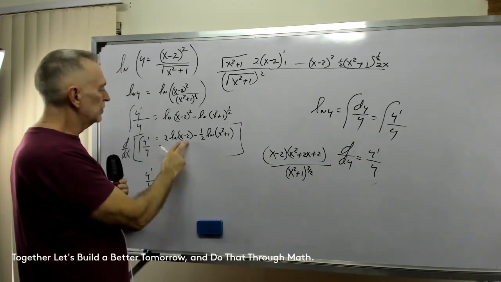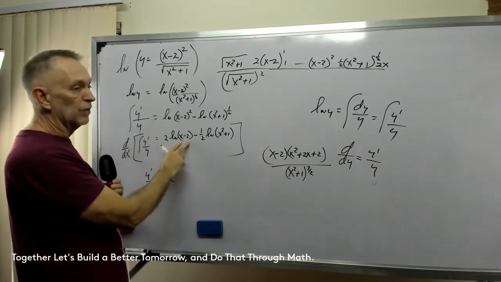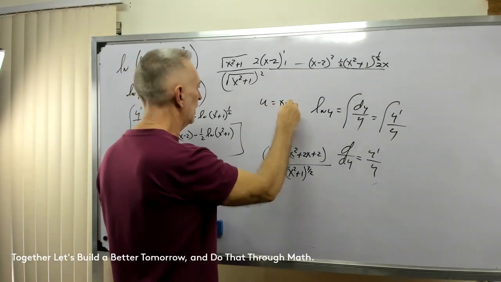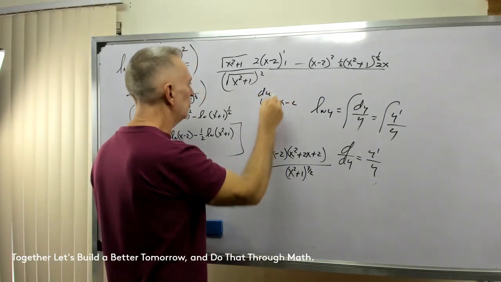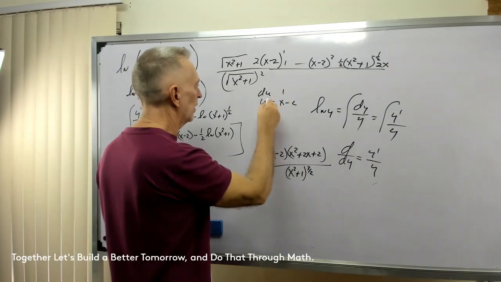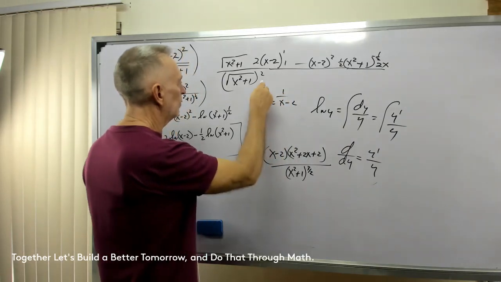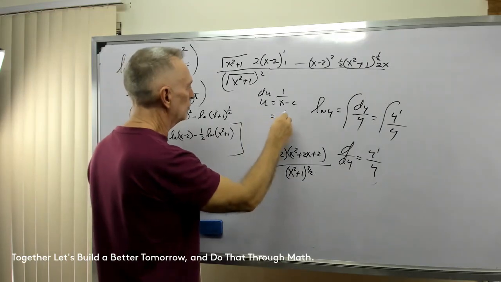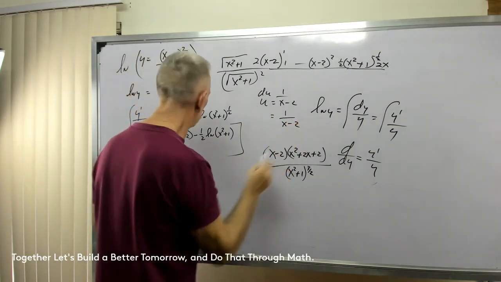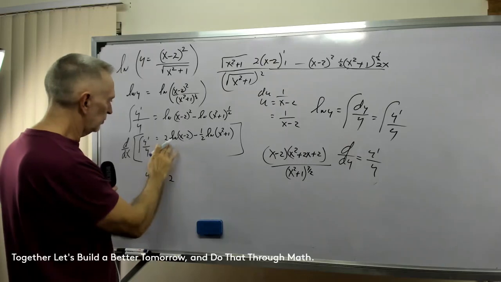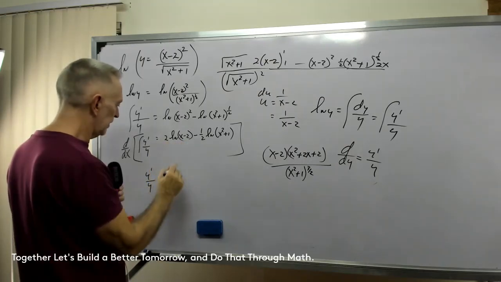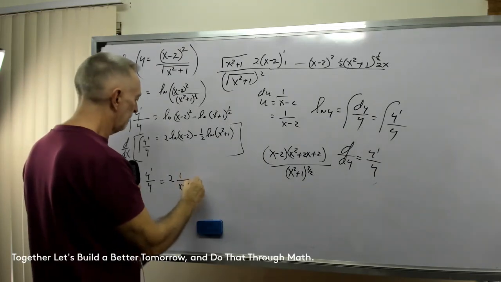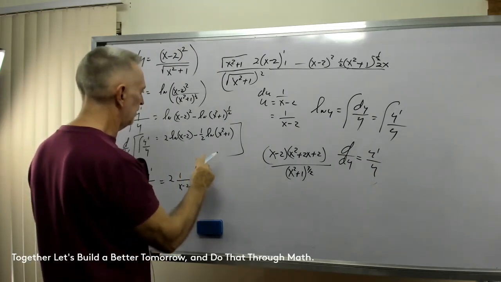If u equals x minus 2, du would be just 1. The integral drops away when I take the derivative, and I end up with just 1 over x minus 2. So I have 2 times 1 over x minus 2, minus 1/2.